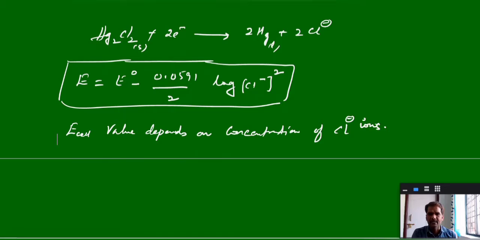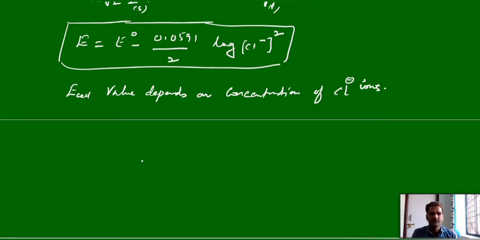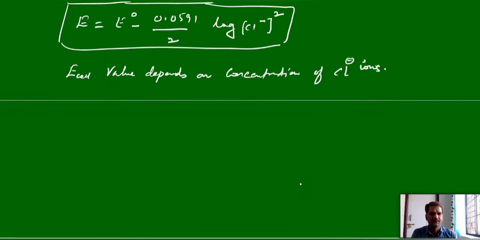And if we actually calculate the electrode potential of this calomel electrode by using the reference electrode, the normal hydrogen electrode or standard hydrogen electrode, we will get the values. Anyhow, this depends on the concentration of Cl minus ions. If the concentration of KCl is 1 molar, that is called the standard calomel electrode. This electrode we can call the standard calomel electrode.